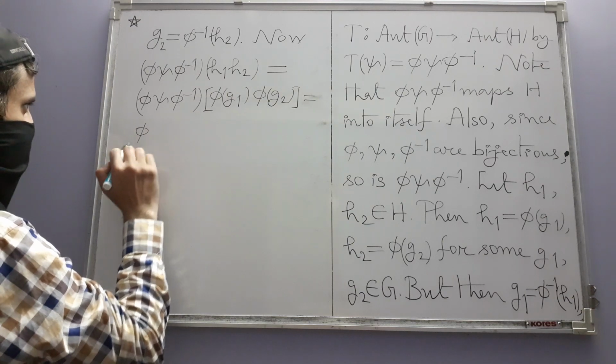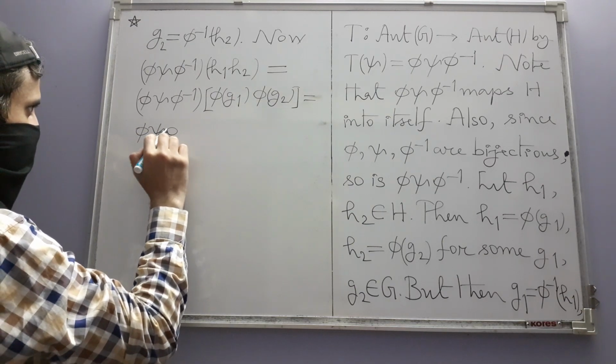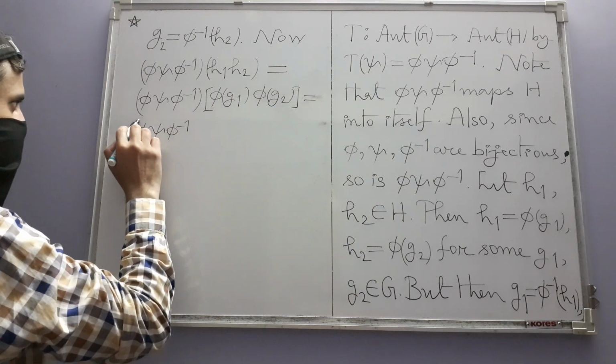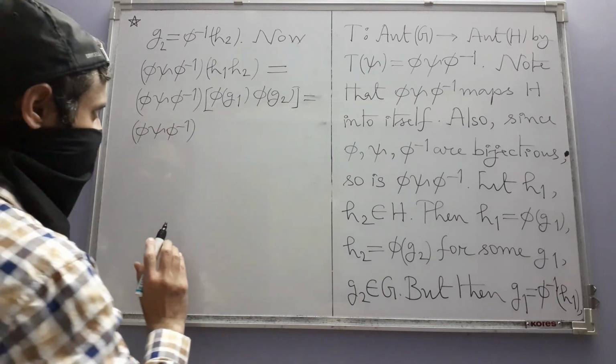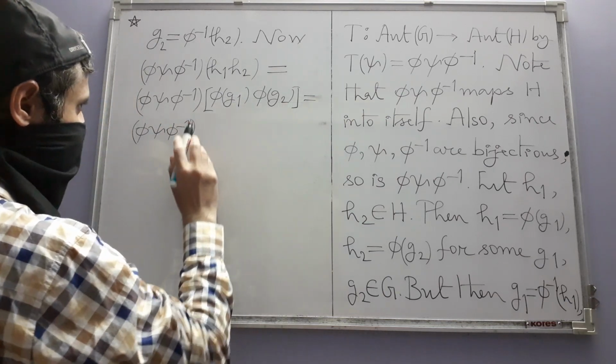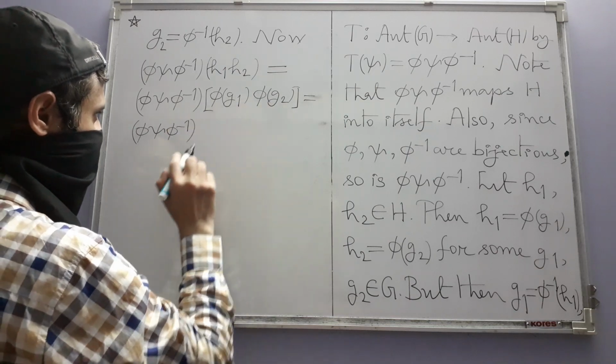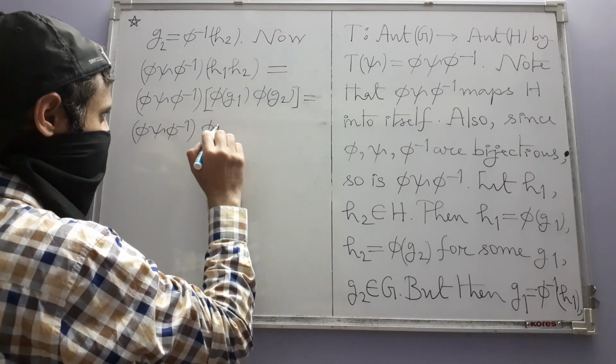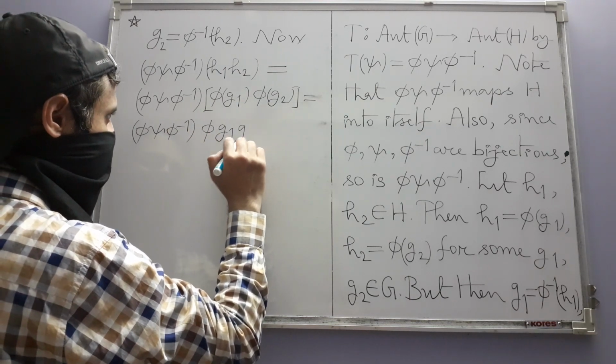Now since phi is an isomorphism, phi itself respects the binary operation between G and H. So this is equal to phi of G1, G2.